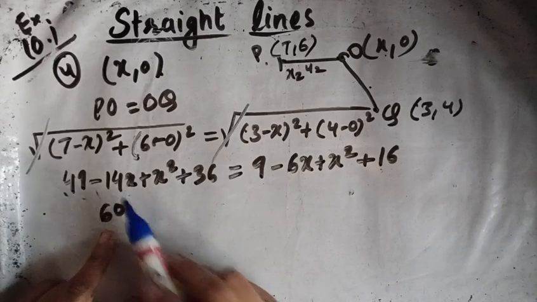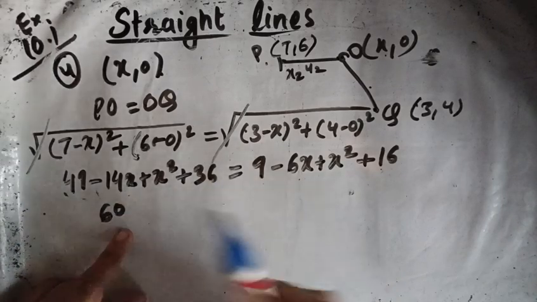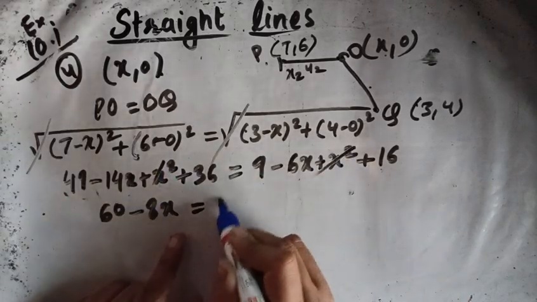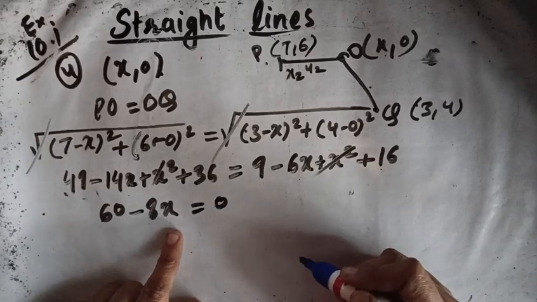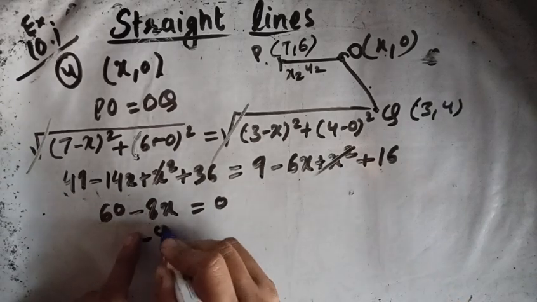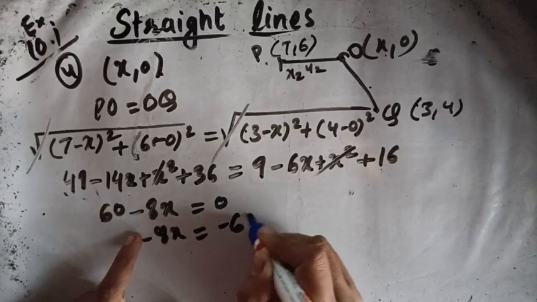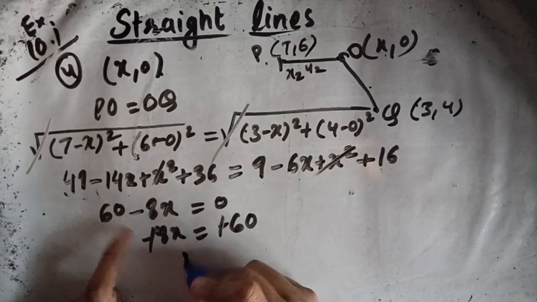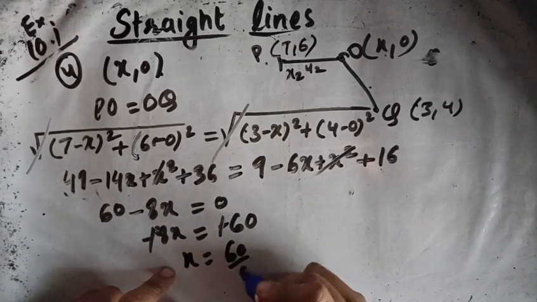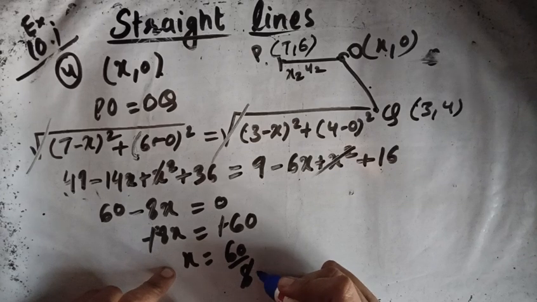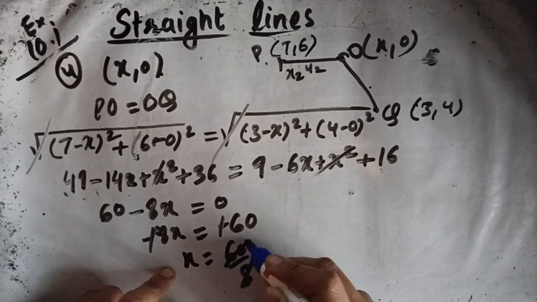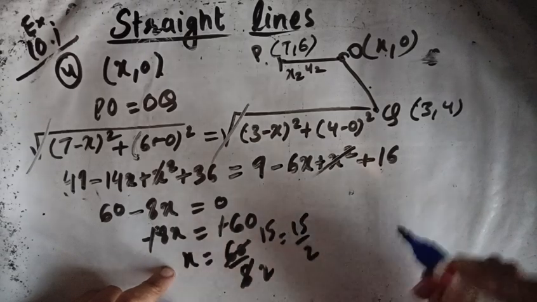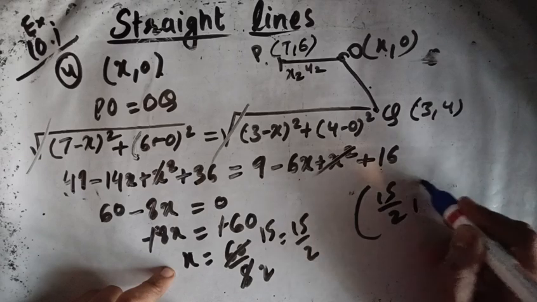Then minus 14x plus 6x, so this is minus 8x. x square gets cancelled. Okay. So this is minus 8x equal to minus 60. So x is 60 by 8, that is 15 by 2. Okay. So the point is 15 by 2 comma 0.